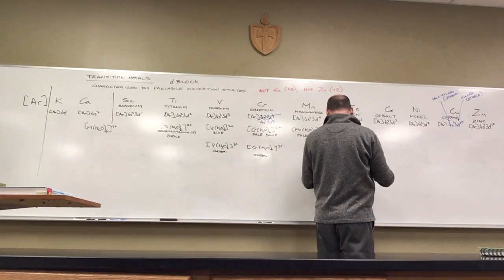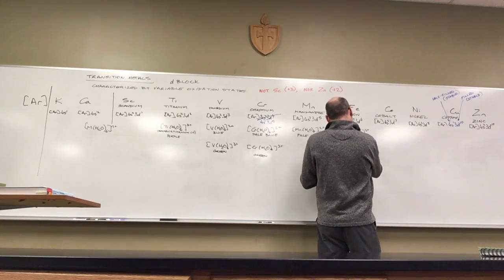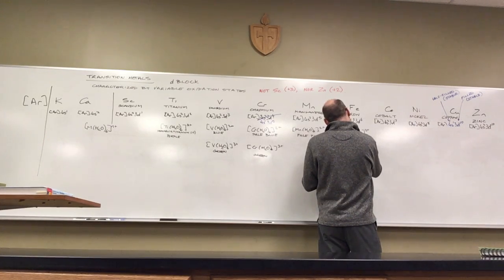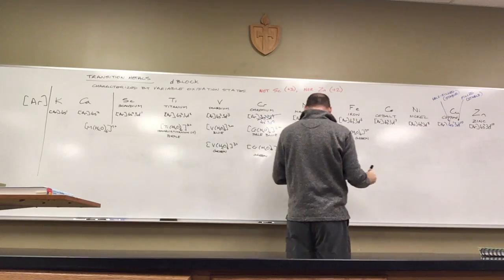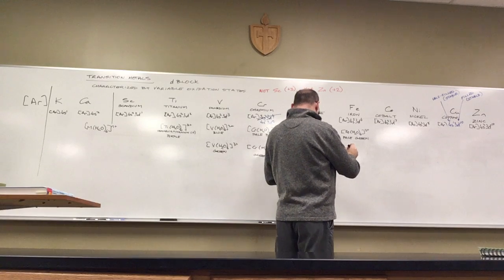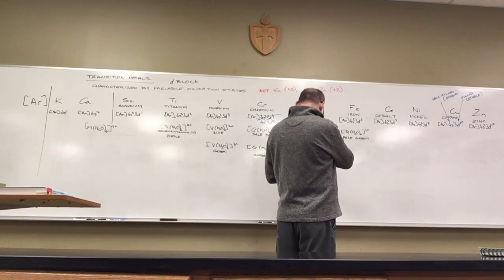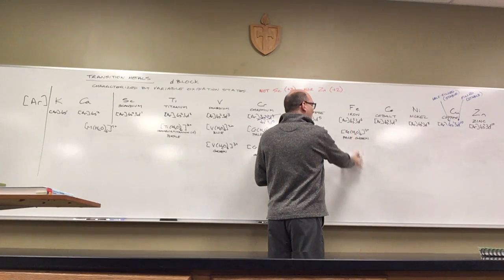The 2+ hexaaqua for iron is green. It's green. And then the 3+ has brown and red here.